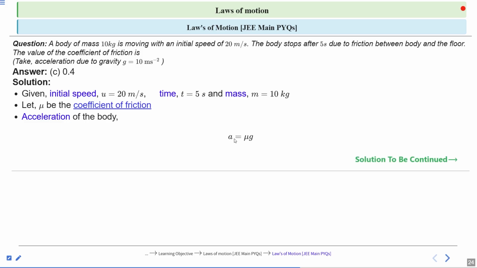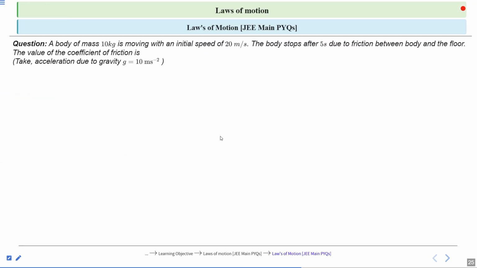Using the equation of motion, that is v is equal to u minus at, just substitute the values: final velocity 0, initial velocity 20 minus a, that is mu g. So 20 minus mu g into 5 equal to 0.